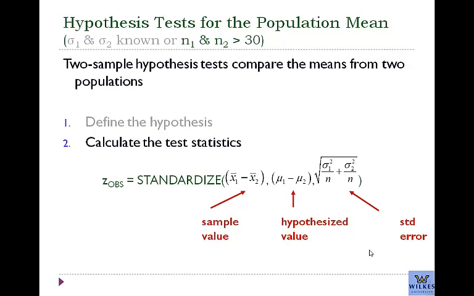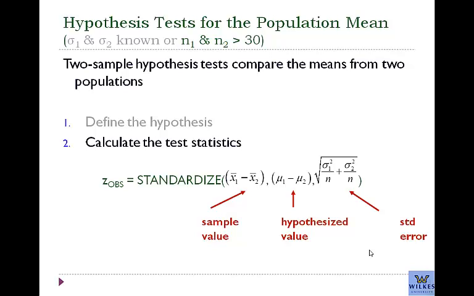So now we're in step 2, which is pretty much the same as before. If you think back, we would calculate sample values and critical values. The first value that we calculate is observed, where we standardize our sample data. You're still going to use that standardized function. You're still going to need a sample value, a hypothesized value, and standard error. This round, our sample value has to pull in information from both samples, so that's where we calculate the difference.